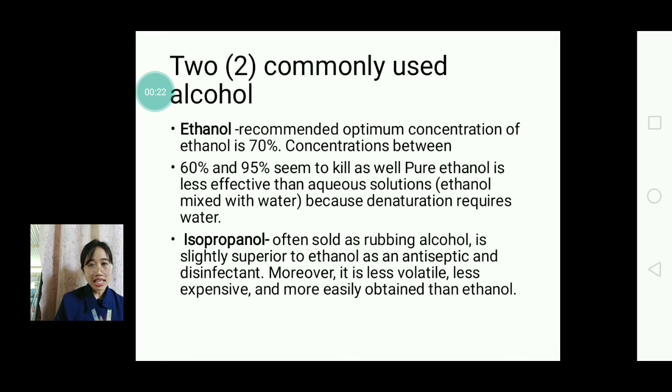The next one is isopropanol, often sold as rubbing alcohol. It is slightly superior to ethanol as an antiseptic and disinfectant. Moreover, it is less volatile, less expensive, and more easily obtained than ethanol. But this ethyl alcohol, I myself use inside our home.